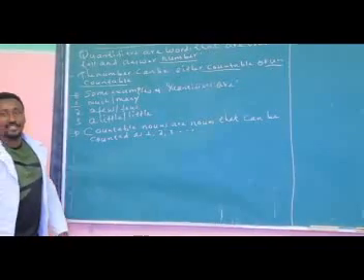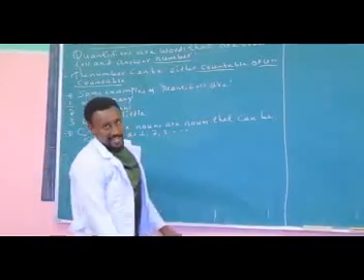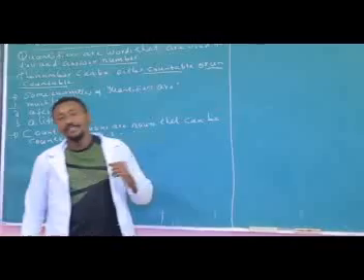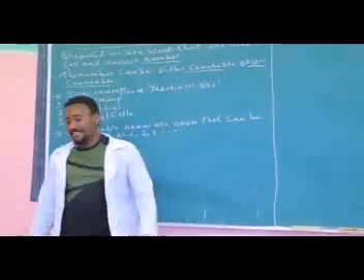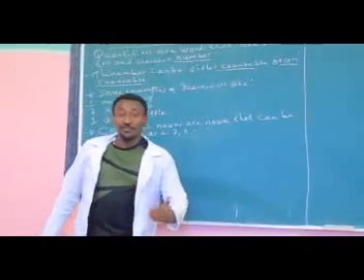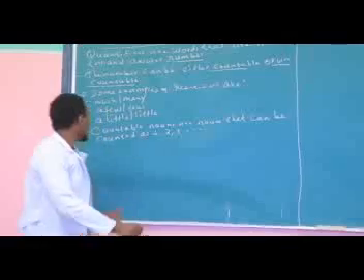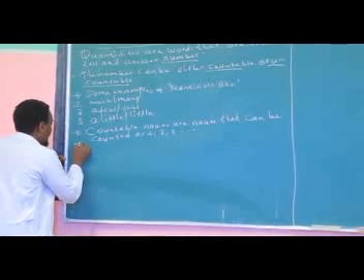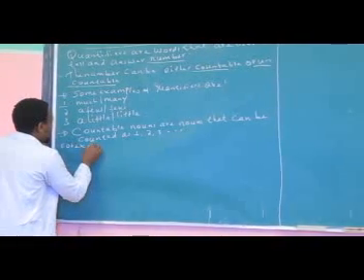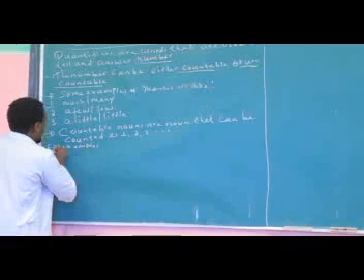How many students are there in this classroom? We can say 14, 15, 16. So students are what? Countable. Examples of what? Countable nouns.